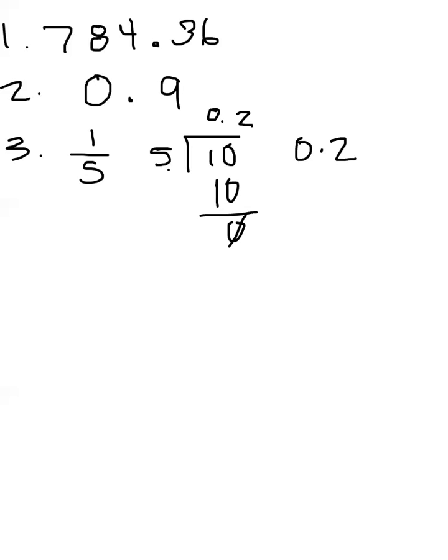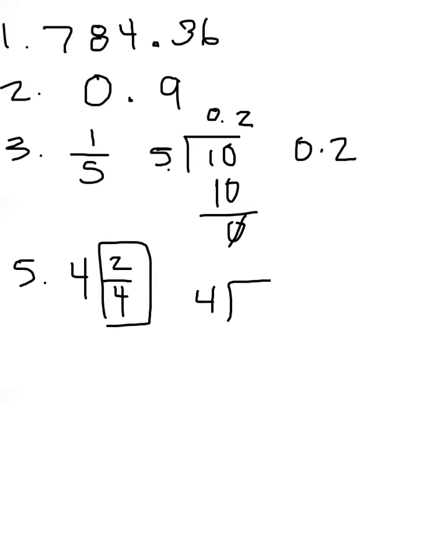And I'm just going to start doing odd numbers. So moving on to number 5, it says 4 and 2/4. We already know the whole number is 4, so we're just going to work with the fraction. How many times does 4 go into 2? 0 times.